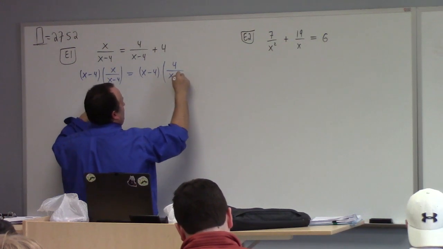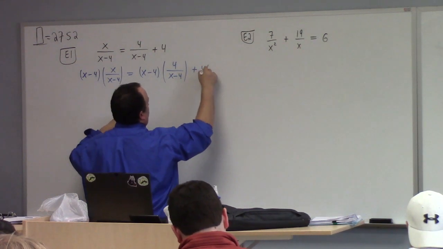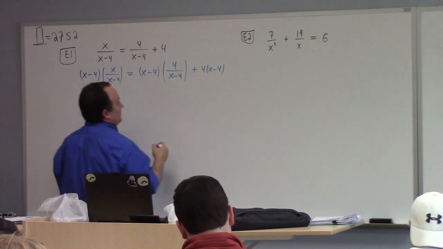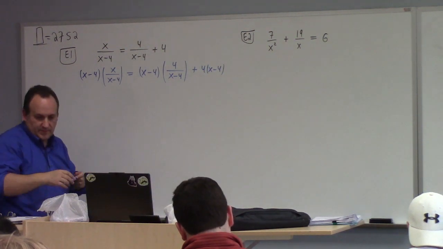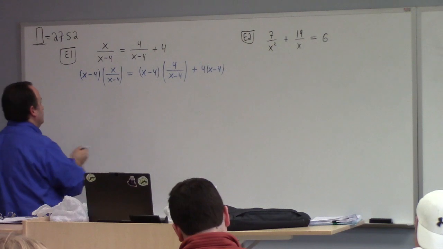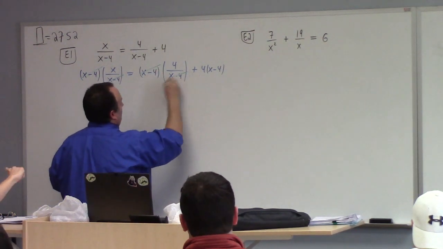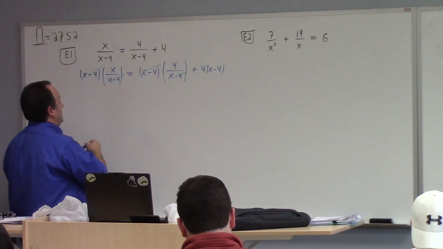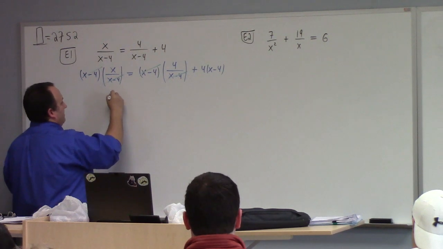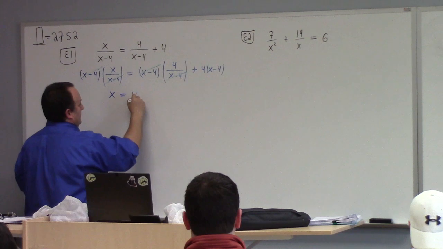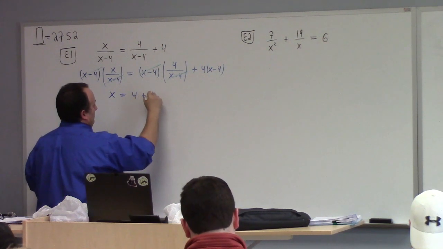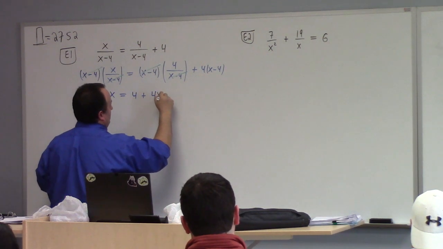Notice we have to distribute here. Right? So, yes, Michael? So we need to eliminate the denominators on each side. Put x equals 4 plus 4x minus 4. And move 4x minus 16.